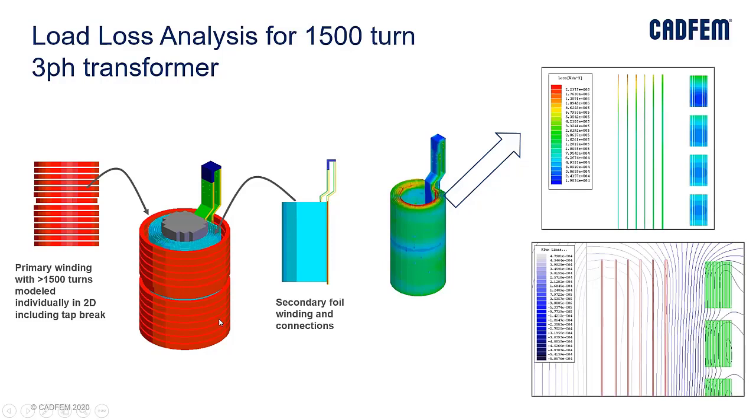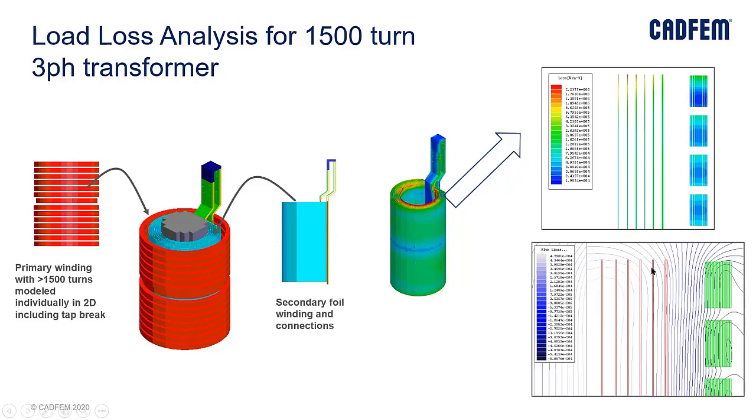You can see here, the red indicates the primary winding, and the blue indicates the secondary foil windings. Once the transformer is under the load condition, you can see most of the winding losses occur at the end of the winding. The reason is that the most flux is linking on these windings.